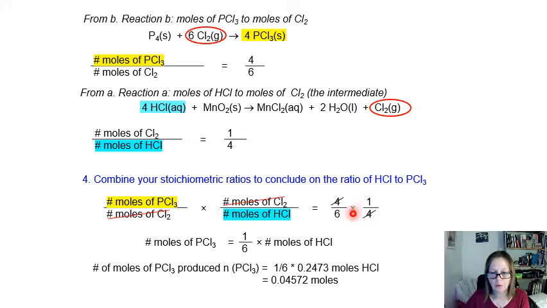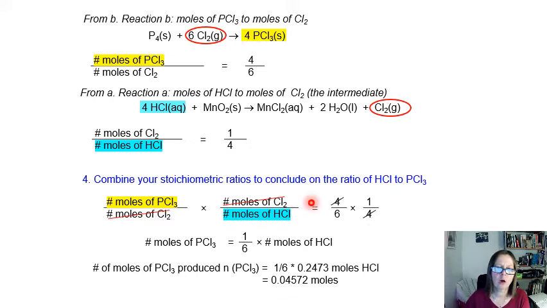It's 1/6. 4 and 4 are canceling each other. So if we now rearrange this stoichiometric ratio to get the number of moles of phosphorus trichloride, it's 1/6 times the moles of HCl that is introduced in the reaction. So the number of moles of phosphorus trichloride that is produced is 1/6 of 0.2473 moles of HCl reacted, which, if you do the calculation, is 0.04572 moles.